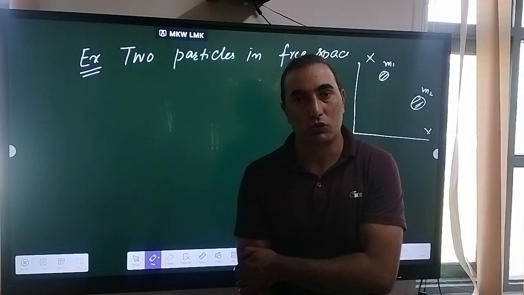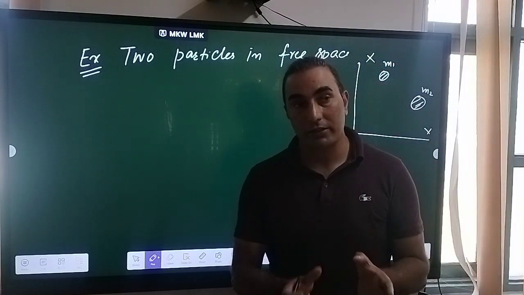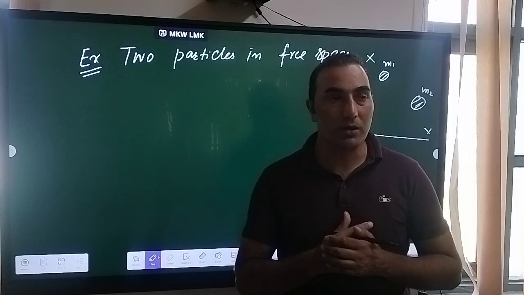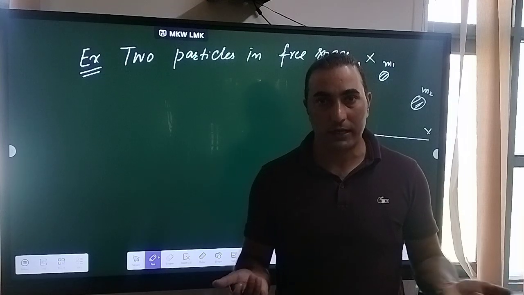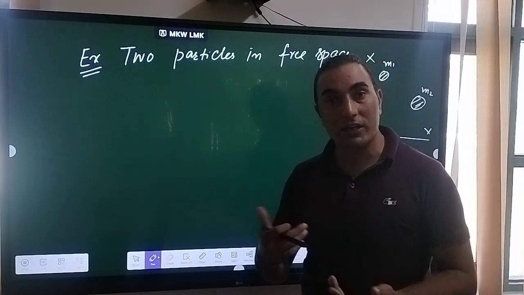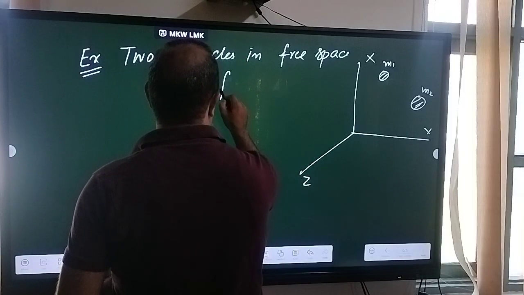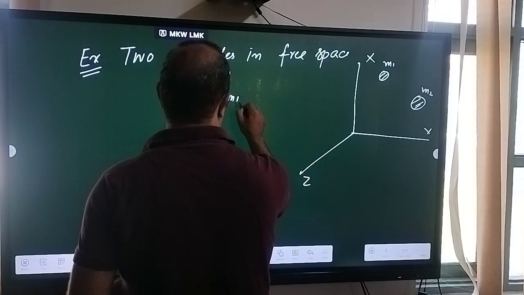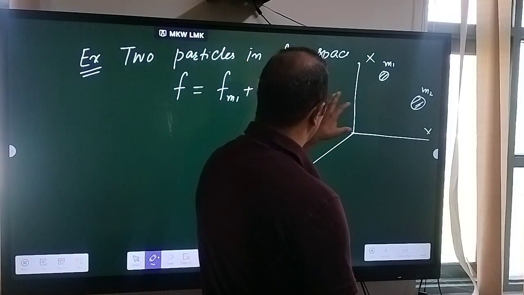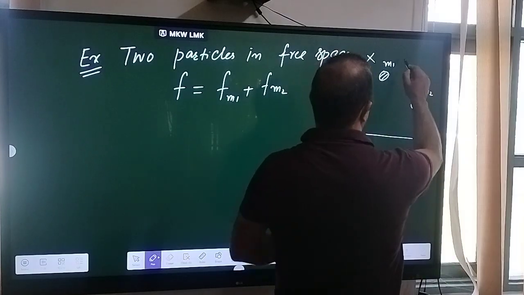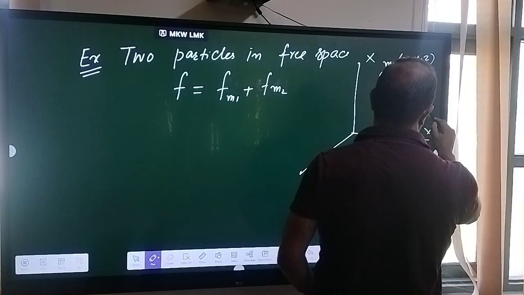तो हमें देखना है कि what should be the total degree of freedom. Because this is the first case. Because I am saying that there is no interaction between the particles. तो जब interaction नहीं होगी तो there is no constraint. So this is so obvious, right? So that means how we can write the total degree of freedom. So total degree of freedom will be equal to degree of freedom due to mass m plus degree of freedom due to mass m. Right? So degree of freedom इसके लिए मुझे देखना है, because I can say that it is moving in free space having coordinates x y z.